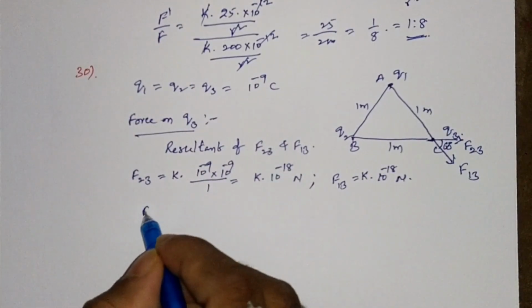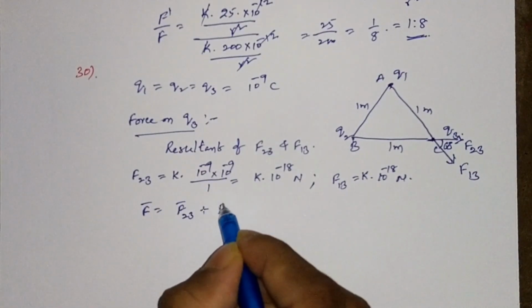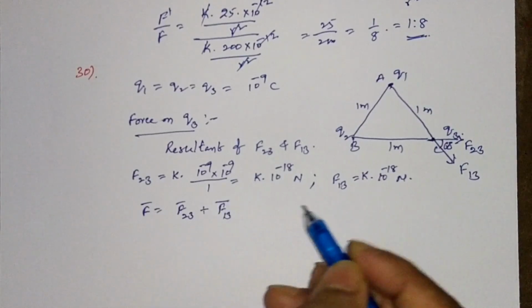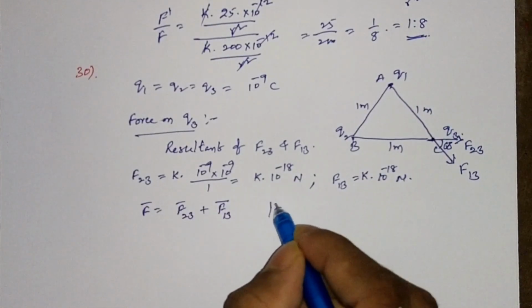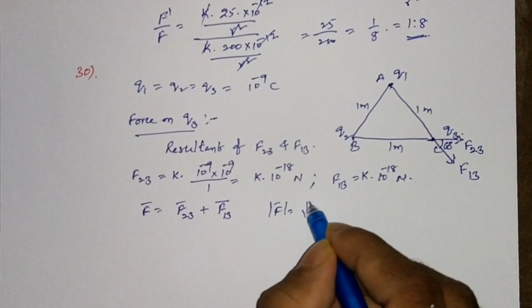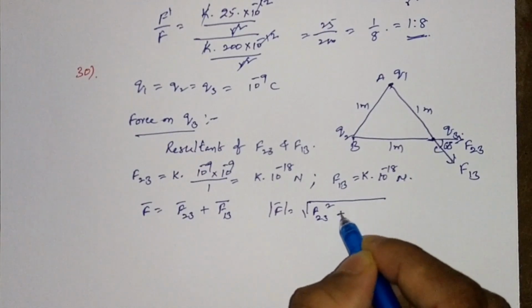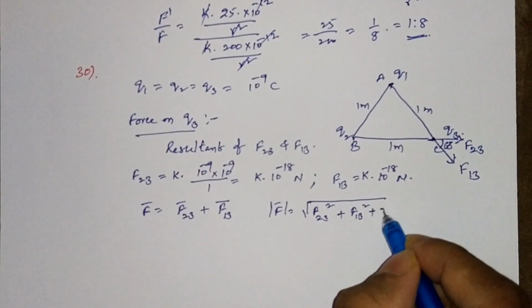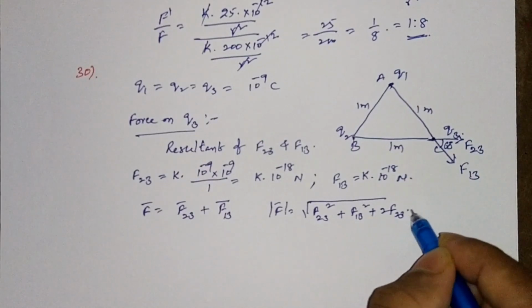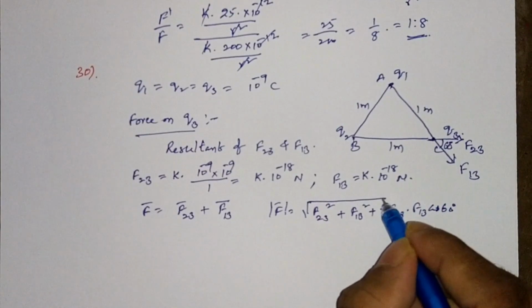Now F is nothing but F23 plus F13. So by using vector knowledge, one can calculate the magnitude of the net force as root over F23 square plus F13 square plus 2 F23 into F13 into cos 60 degrees.